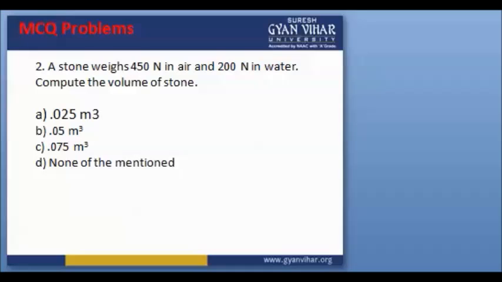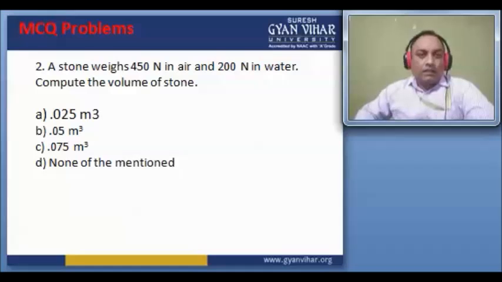For question number 2, a stone weighs 450 Newton in air and 200 Newton in water. Compute the volume of the stone. The options are 0.025 meter cube, 0.05 meter cube, 0.075 meter cube, and none of the above mentioned.